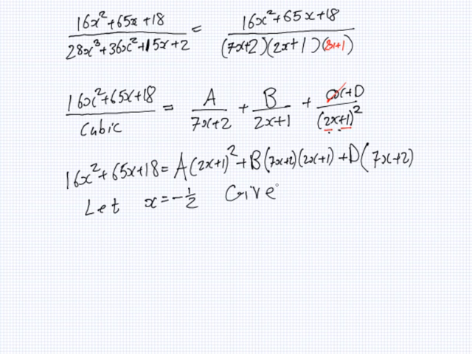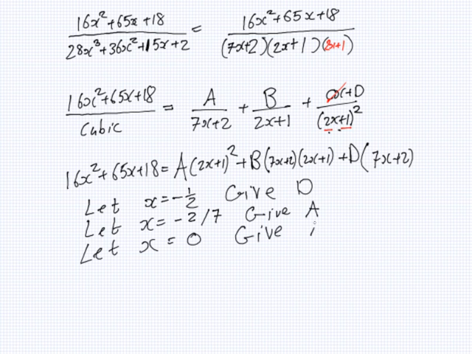If I say let x equal minus 2 over 7, that will give me a, because this and this will be gone. If I say let x equal 0, that will give me a, b and d.